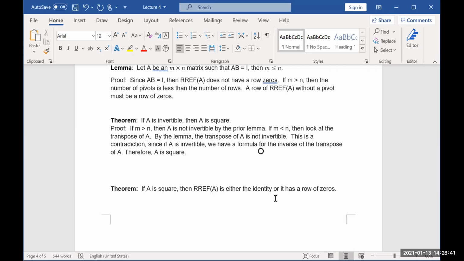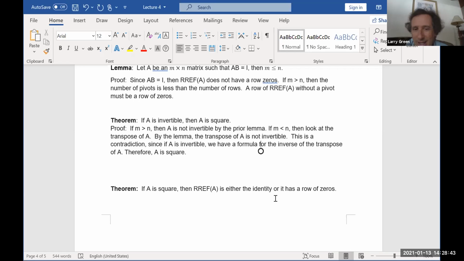If A is not invertible, that's obviously the only other possible case, then why must you have a row of zeros? Because you look at the pivots, that means that you don't have a pivot in every row. So that means that last row must have been all zeros.